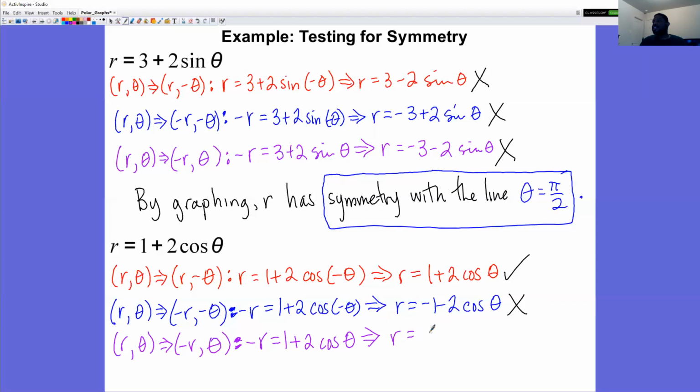And solving, we get r equals negative 1 minus 2 cosine theta, which is not the same as the original equation. So this indeed does have polar axis symmetry only.